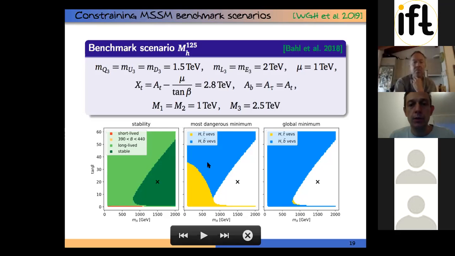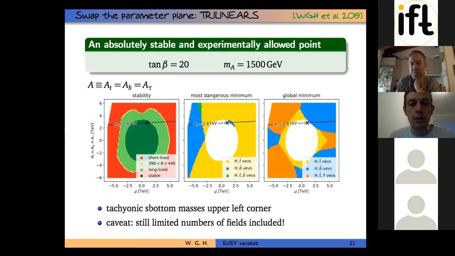So finding this most dangerous minimum is quite important. But since we have a fast numeric procedure, we can easily derive the tunneling times and define the most dangerous minimum, which is going to be shown on the next slide.